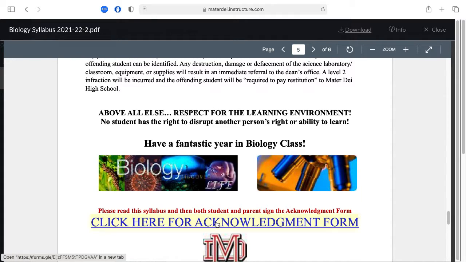So right here is one place for you to click this. Over at Canvas, it says there's nothing to turn in here. Even though it looks like an assignment where you're going to turn something in, it's just a link to this form. So you can complete the acknowledgement right here inside of the syllabus or at the assignment itself.